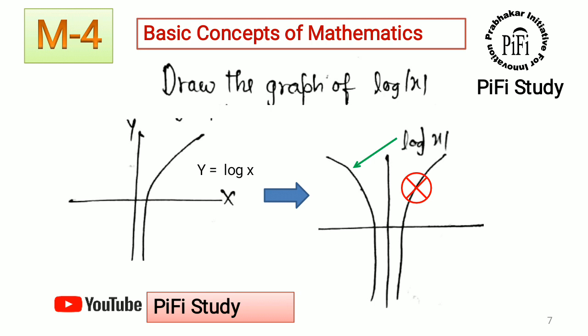So just take the mirror image of the graph about the y-axis, so you will get the log mod x. As there is nothing in the negative portion in case of y is equal to log x, you can take the log mod x after taking the mirror image.